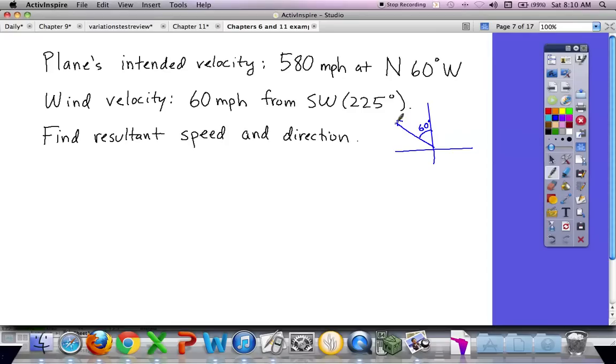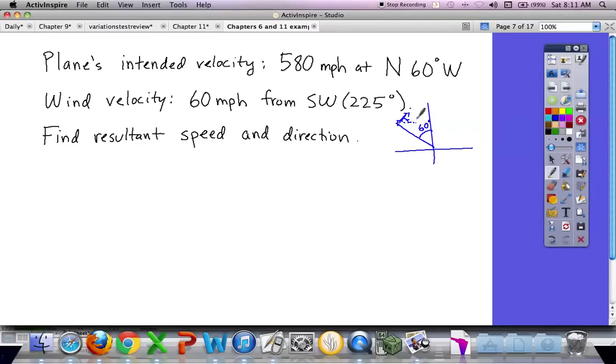But it's probably more useful for us to draw it here. It's still coming from the same direction, 225. And its speed is 60, so it's a much smaller vector than this vector is. If it's coming from 225, then what we're really interested in here is what is this angle.